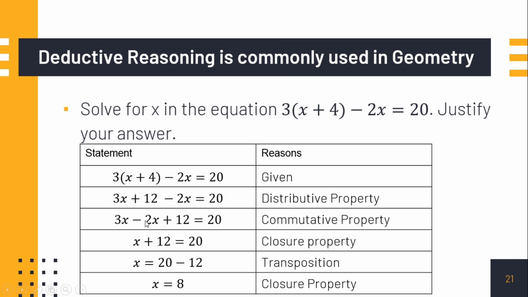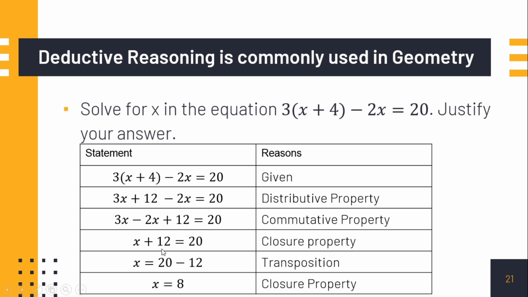And then, we're going to combine the common, the similar terms. So we have 3x minus 2x plus 12 is equal to 20. So our reason for that is commutative property. And also, 3x minus 2x is x plus 12 is equal to 20. So our reason for that is closure property.